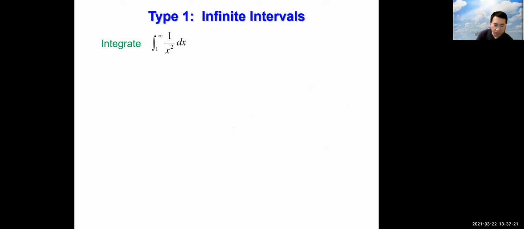In the infinite intervals, you see we're going to integrate from 1 to infinity of 1 over x squared dx. If we're going to graph this, again, you can graph it on the calculator to see it, but it's not hard to see. Right, so you graph 1 over x squared, it goes like this.